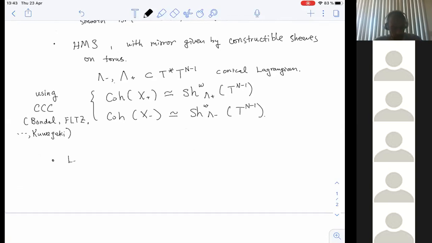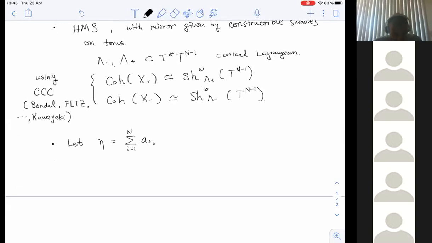Let eta equal the total sum of a_i, and we assume it's non-negative. If eta equals 0, we have an equivalence of categories.